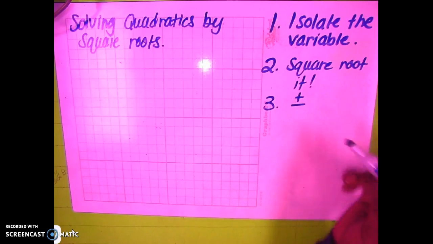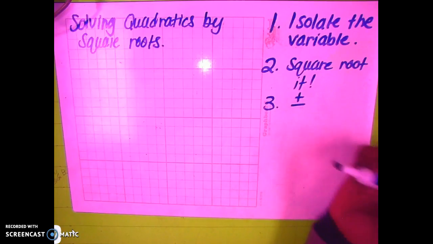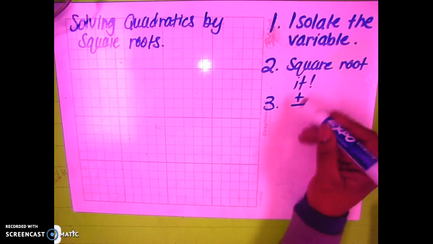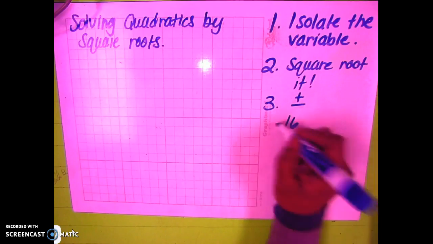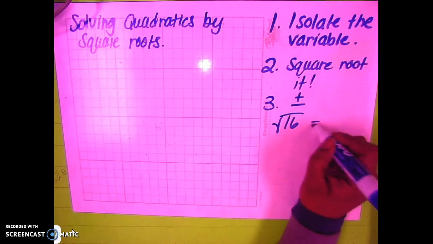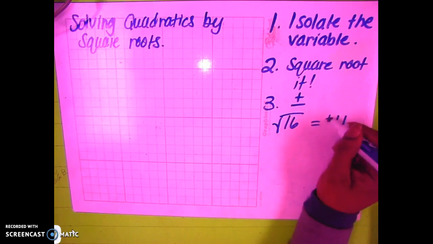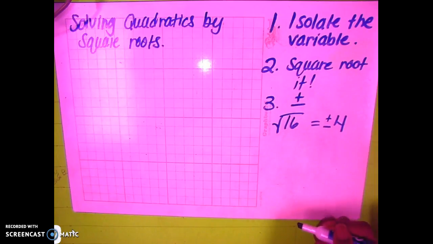The reason why we put plus or minus in front of our answer is because when you take the square root of something, the root could be a positive or negative number. Let's say for instance, if you have 16, you take the square root of 16, you automatically think 4. But in reality, it's a plus or minus 4. Because the definition of a square root is a number times itself.